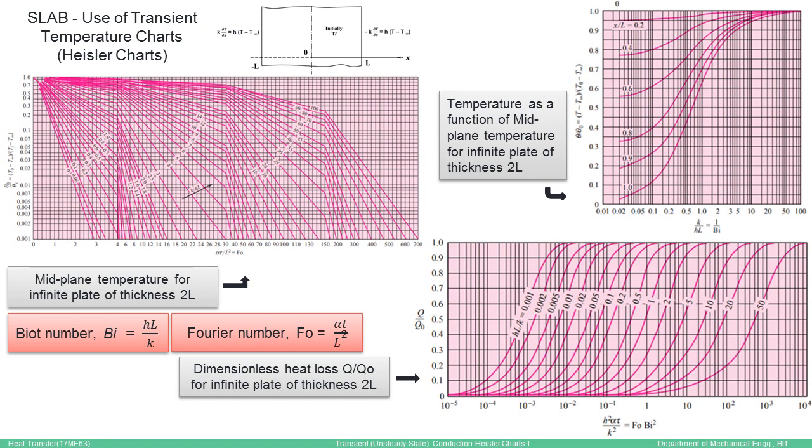In the use of temperature charts, we take Biot number as hL by k, where L is half the thickness, that is 2L is the thickness, and Fourier number is alpha t divided by L square, and this is valid for a slab. Similarly, Biot number and Fourier number will change slightly for different solids. We'll look into these charts one by one and understand how they can be used for problem solving.